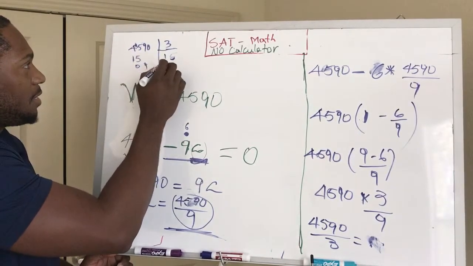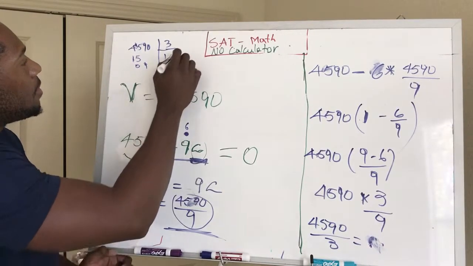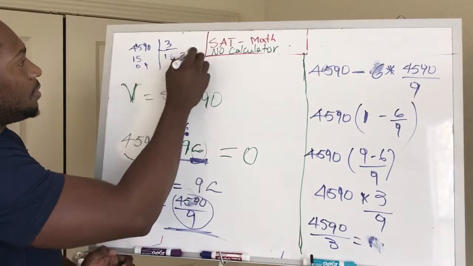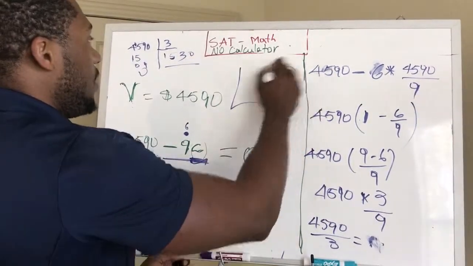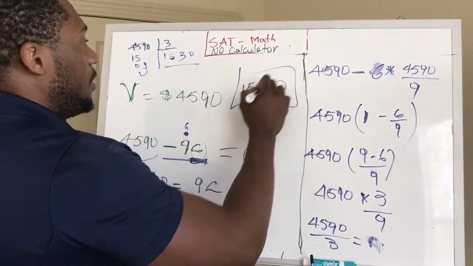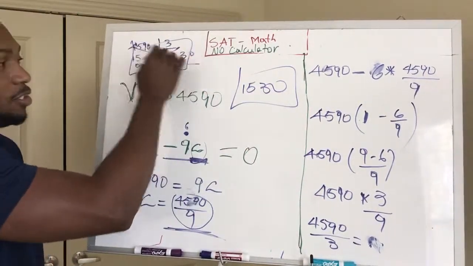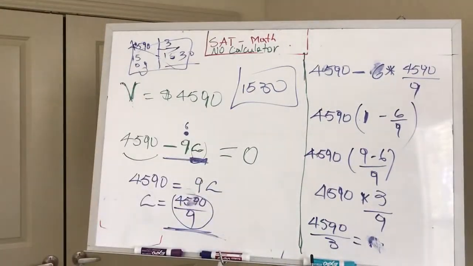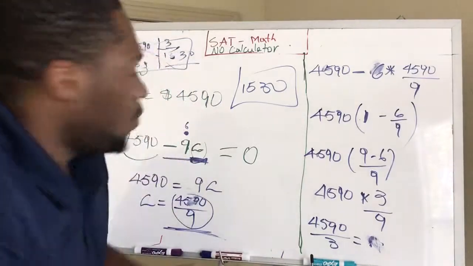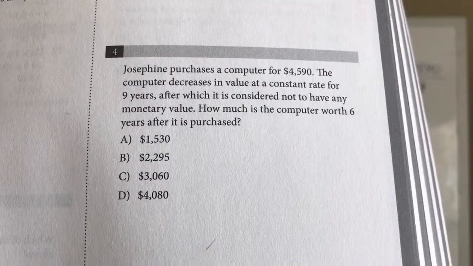Then 0, 9: 3 times. Then 0. So this is what we have: 1530. However you do the division doesn't matter. You just know that you divide one thing by the other, and this should be your answer choice. Let's see what we have here. 1530 is answer choice A.